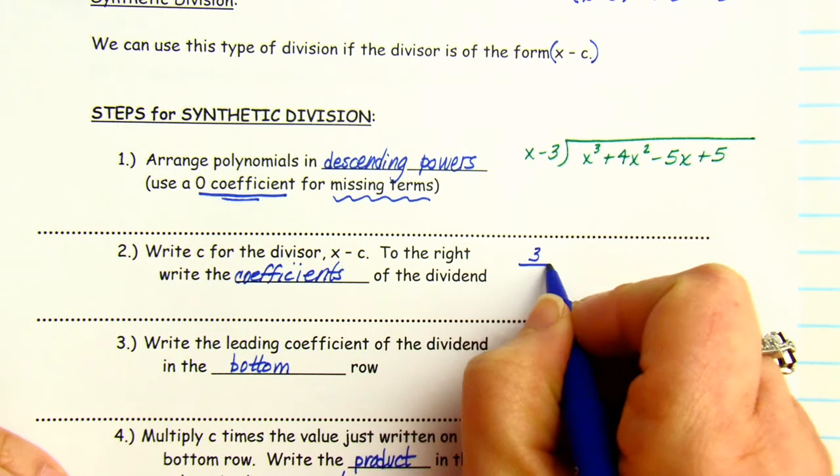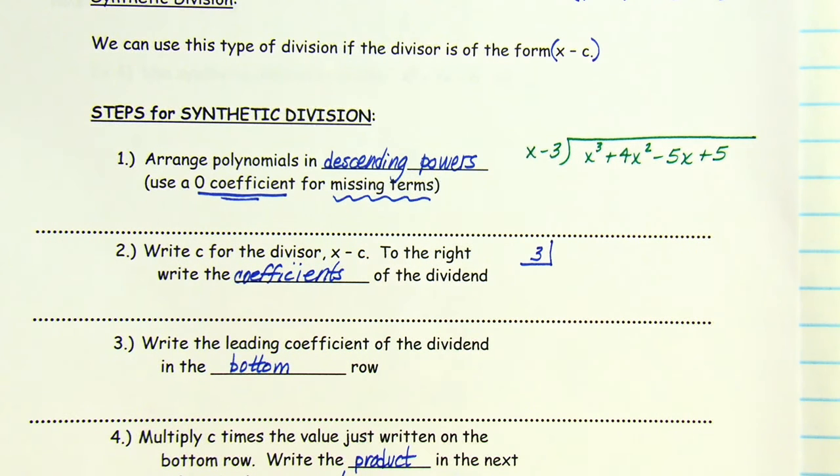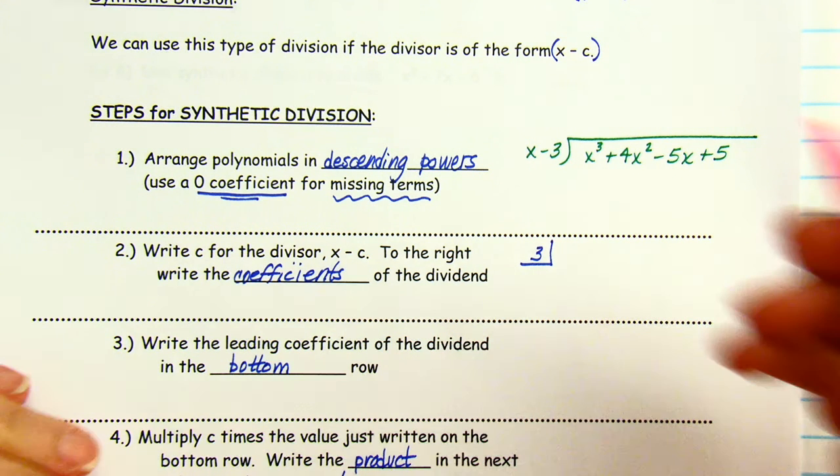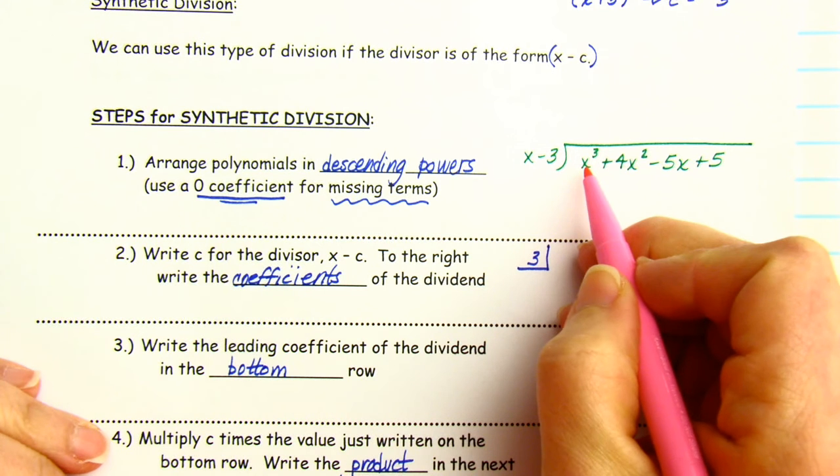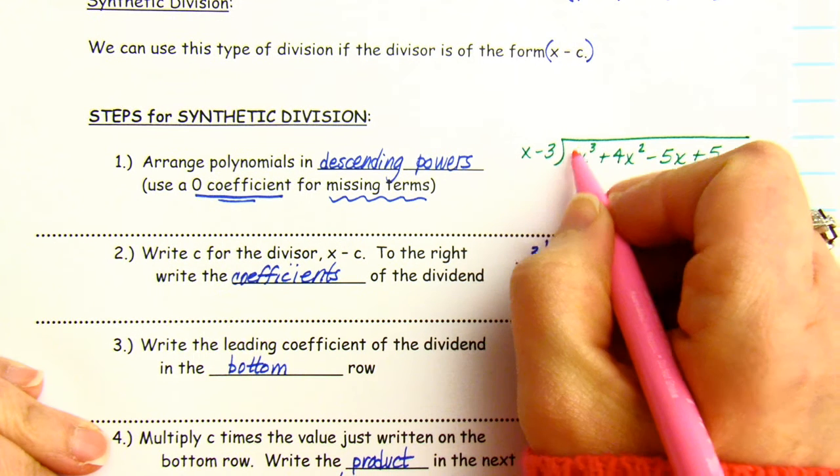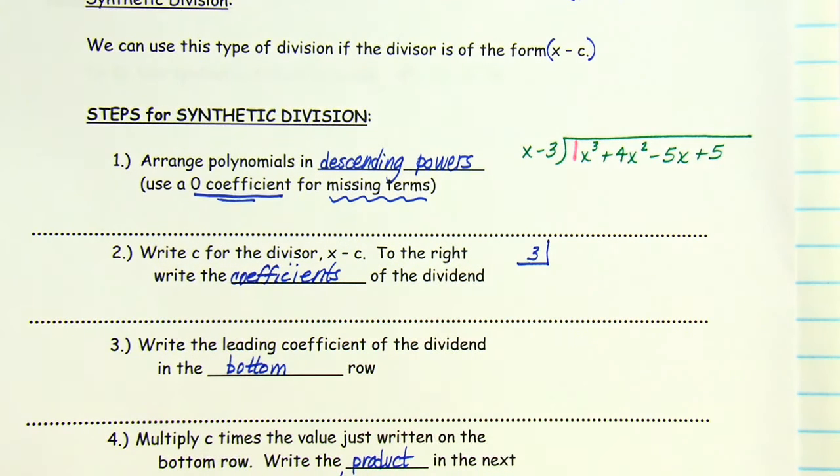So I put it in what I call a half box. And to the right of that value, we're going to write the coefficients of the dividend. Now, folks, if there is no number in front of one of these terms, then we understand it to be a 1, right? Because if it was 0, then it wouldn't be there. Okay, so what are my coefficients?